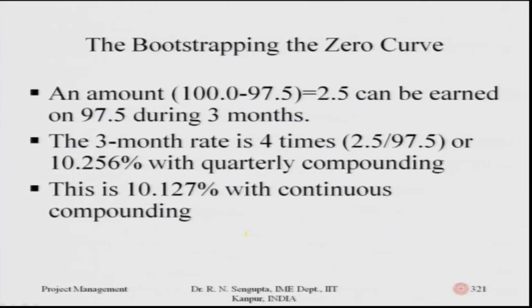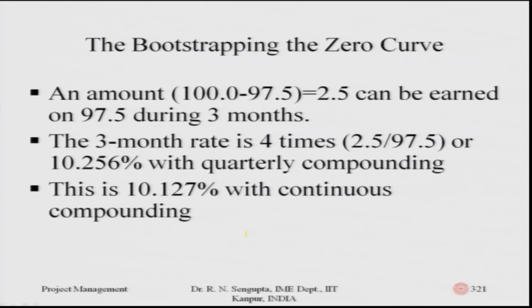Let us go through the calculation slowly. If you see the first part, it is 1/4 of a year, which would be 3 months. The face value of the so-called project is 100 and 97.5 is the value, hence 2.5 can be earned on an investment of 97.5 during the 3-month period, because the time frame was 0.25.